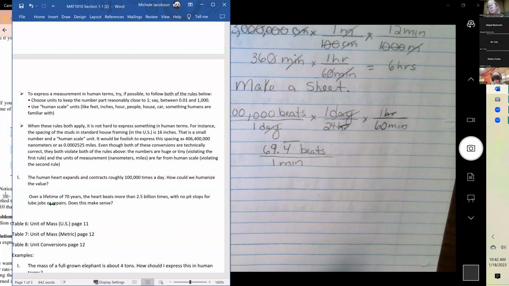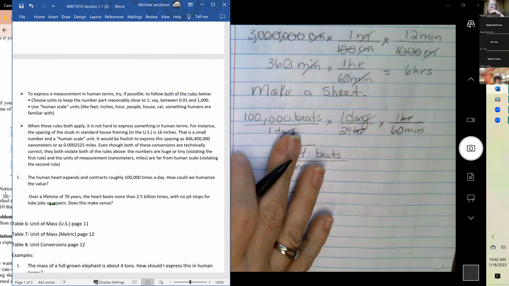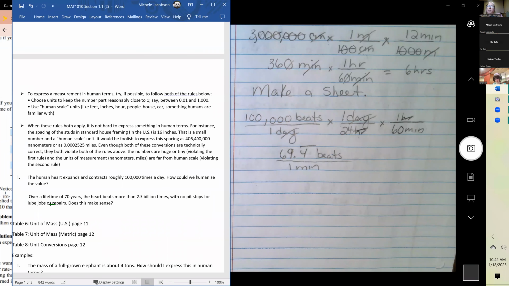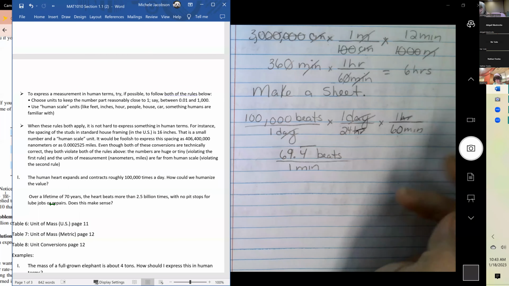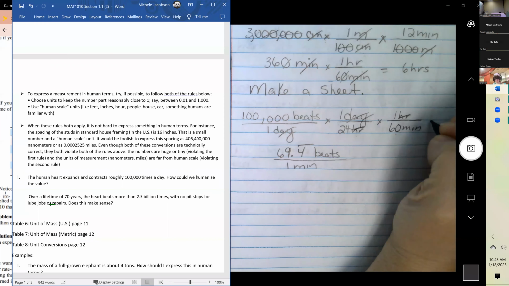Wait, so to solve it, I'm just making sure I'm doing this right. You take the 100,000 beats and then you divide it by 24, right? And then you multiply it by 60. The 60 is still on the denominator. It would also be divided by. Now, what you could do is multiply across first.